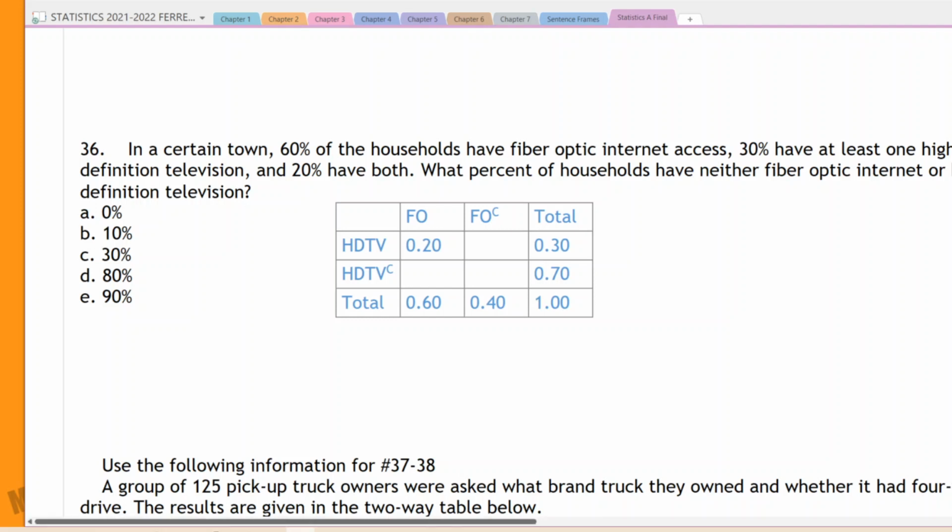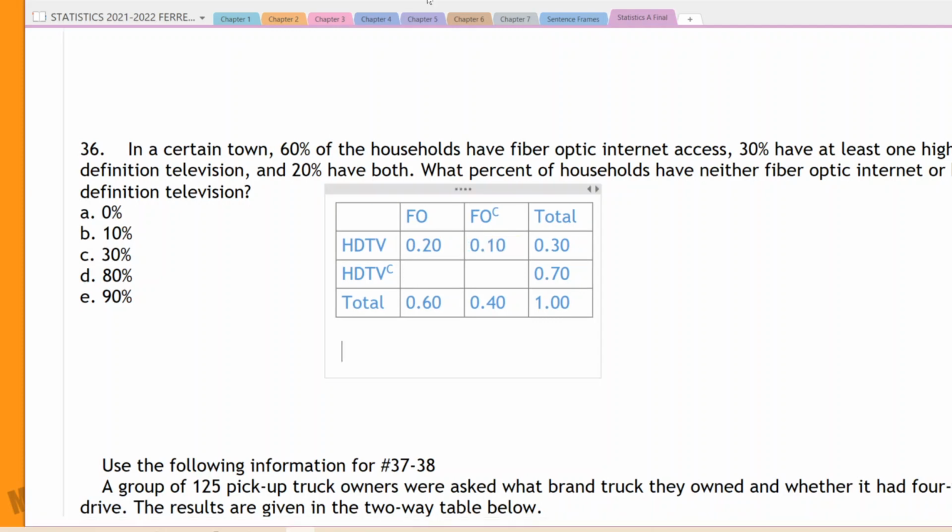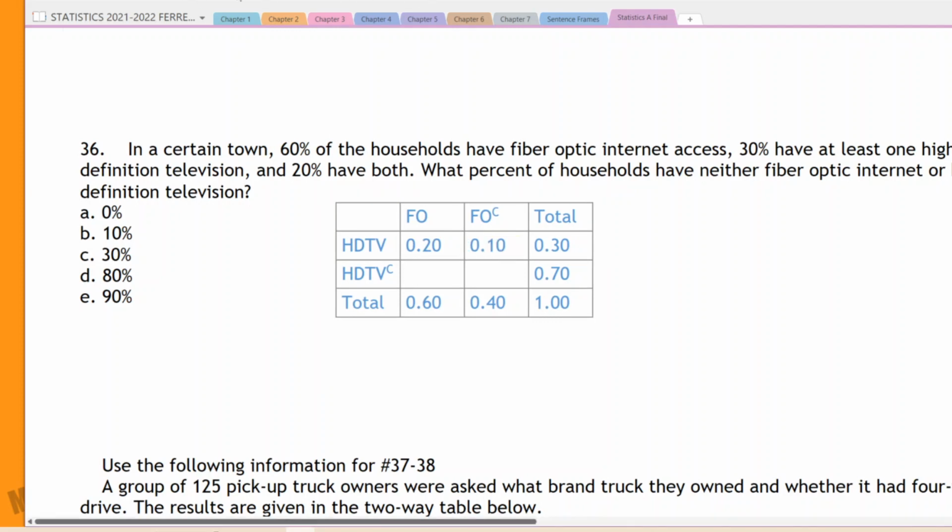So if 20% have high definition and fiber optic, right here, that means 10% have high definition and no fiber optic. So this line right here has to be 20% plus 10% has to total up to 30%.